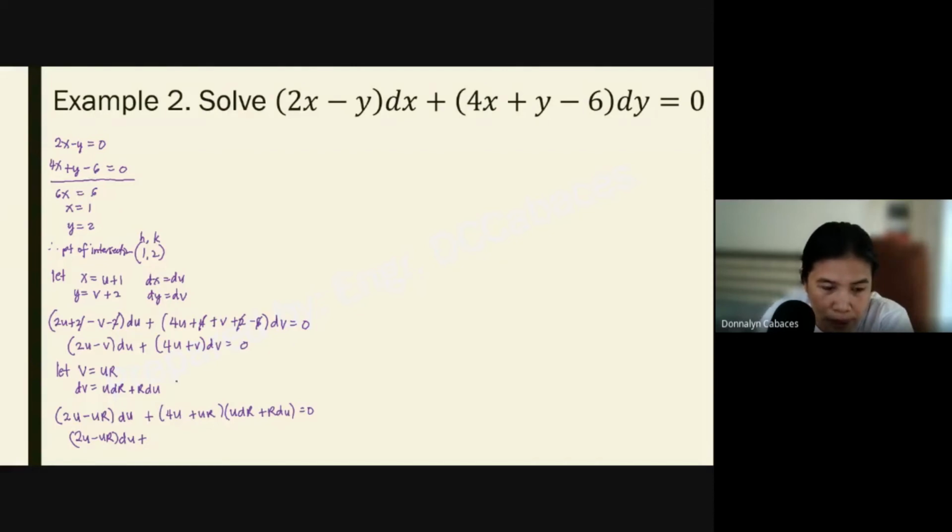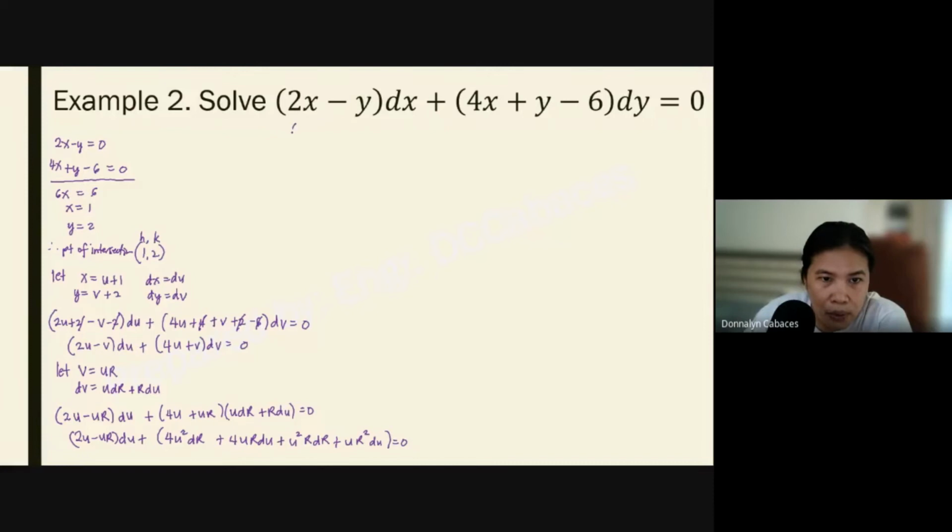We multiply this first before we put together those with du. So 4u squared dr plus 4ur du plus u squared r dr plus ur squared du is equal to 0.